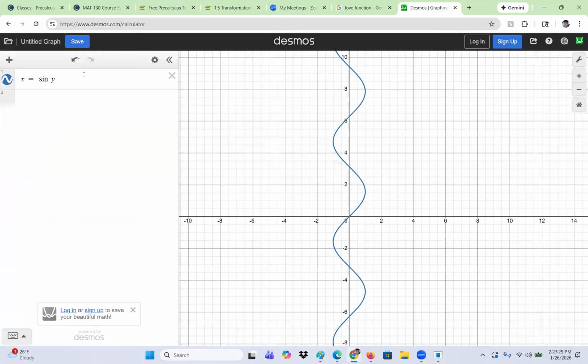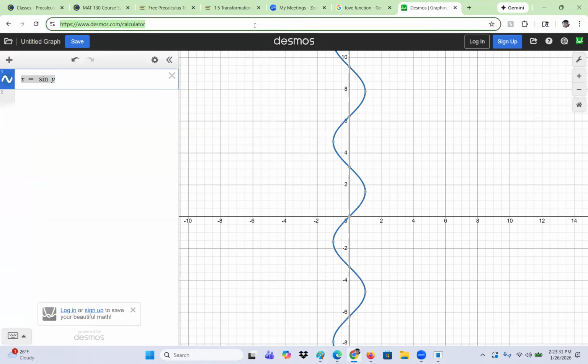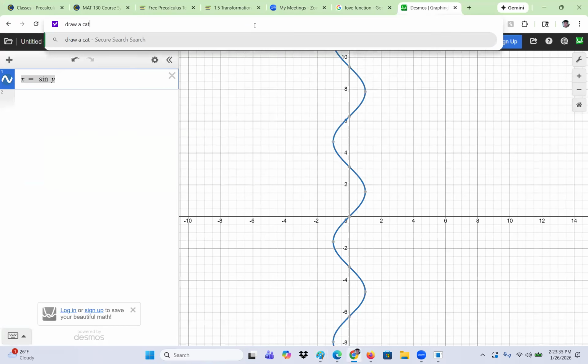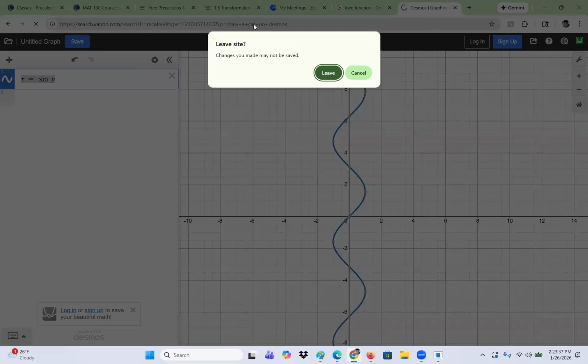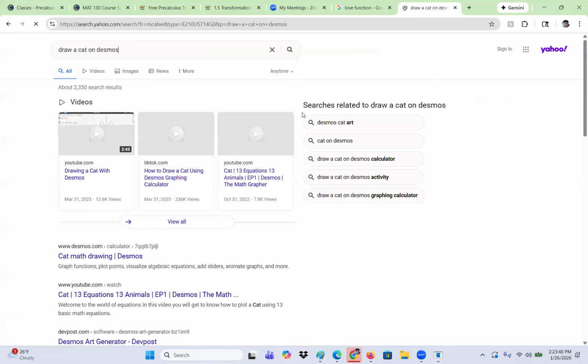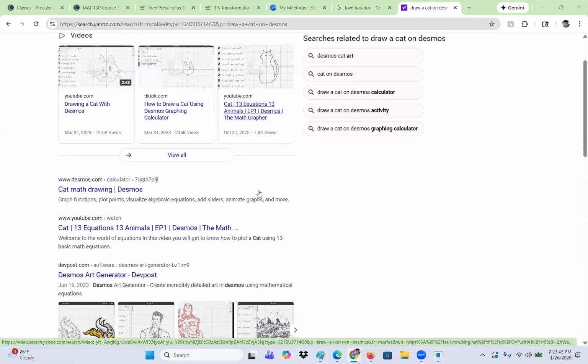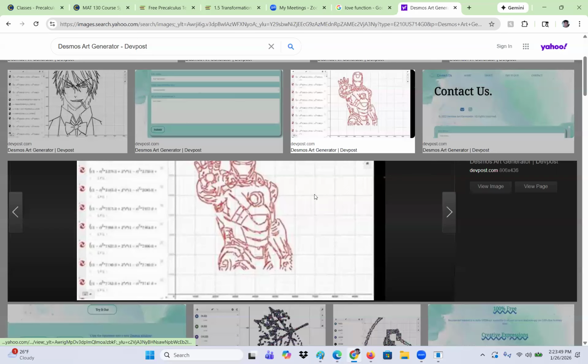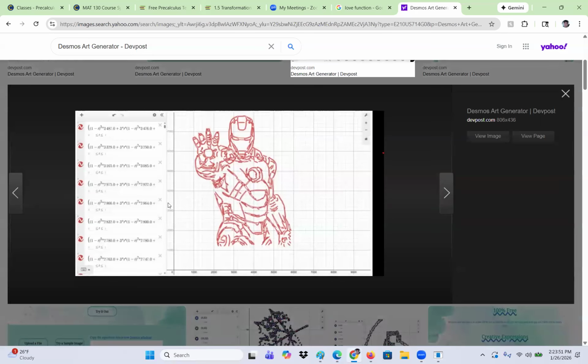In fact, you can draw anything on Desmos. So draw a cat on Desmos, for example. There are so many of them. You can even draw an Iron Man. That's crazy. Oh my goodness.